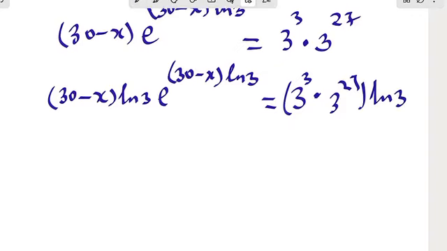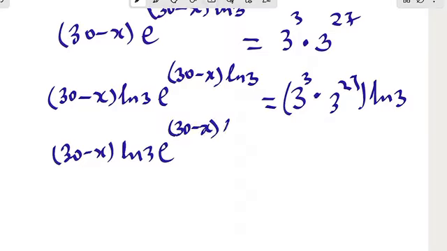All right, so from there, you're going to have (30 minus x) ln of 3 e to the power of (30 minus x) ln of 3, then equals, now 3 raised to the power of 3 here is 27.